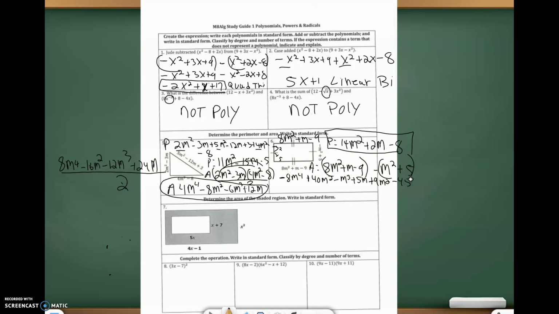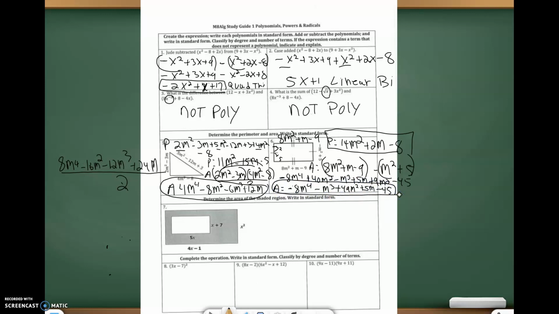Combine like terms, and my area is going to be negative 8m to the 4th minus m cubed plus 49m squared plus 5m minus 45. Again, I just combined all the like terms, and I'm done.